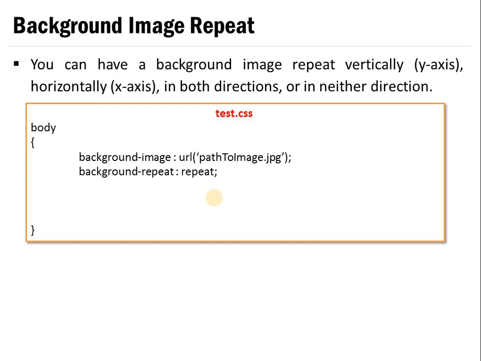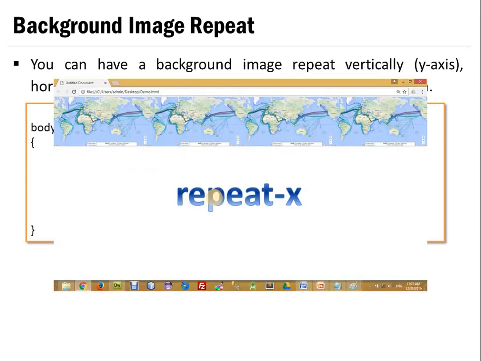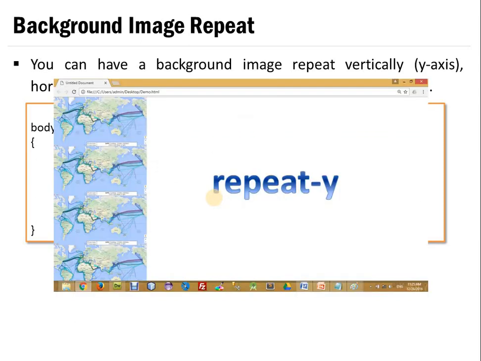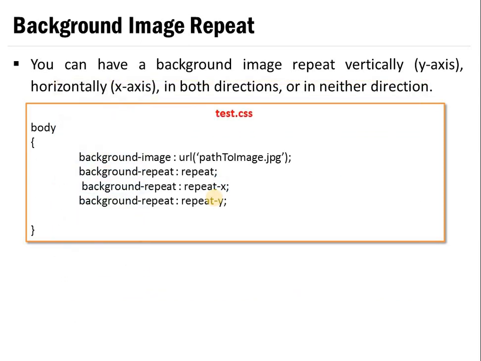But if you want it repeated only horizontally or only vertically, you can set it using repeat dash x or repeat dash y. That means only in a particular direction you want repetition of the image. For example, repeat x, so this will be your output. Repeat y, so it will get vertically repeated, like this. But if you don't want to repeat it at all, then you can just use no repeat.